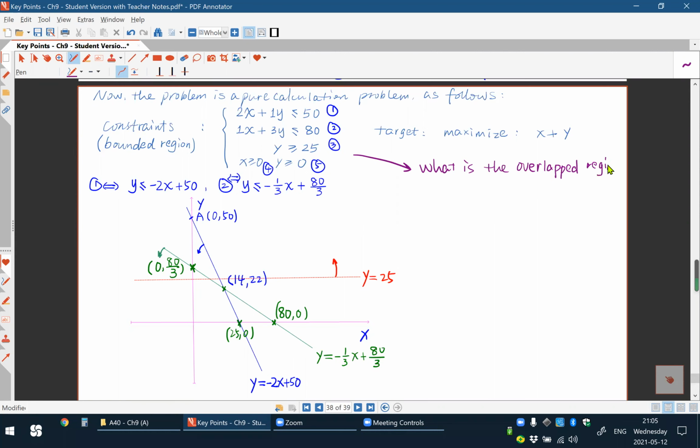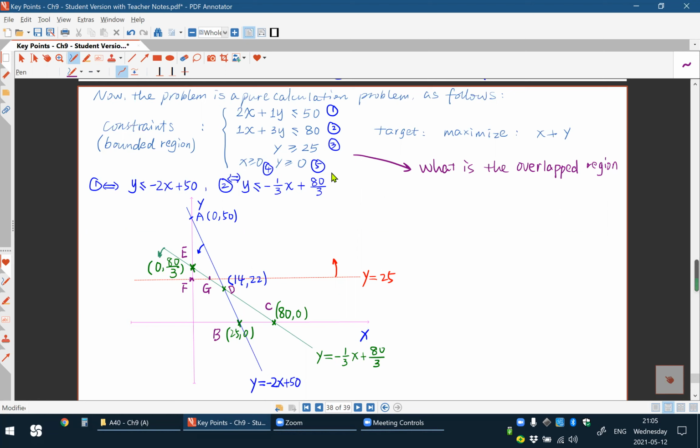Okay, I'll give you some letters, point A, point B, point C, point D, point E, point F, point G. Okay, so can you tell me what is the overlapped region?